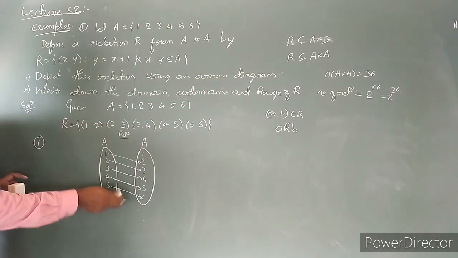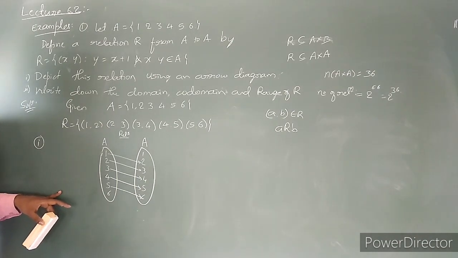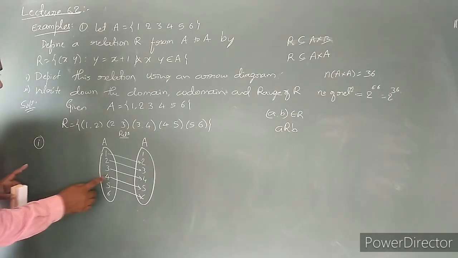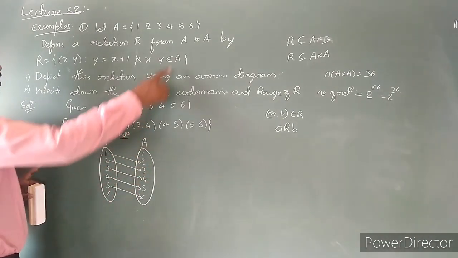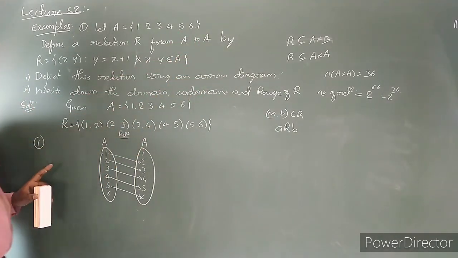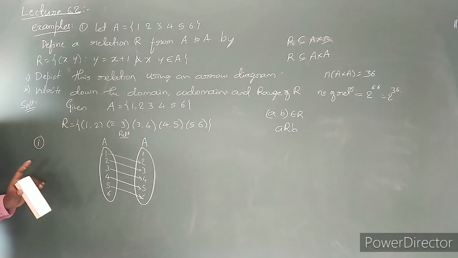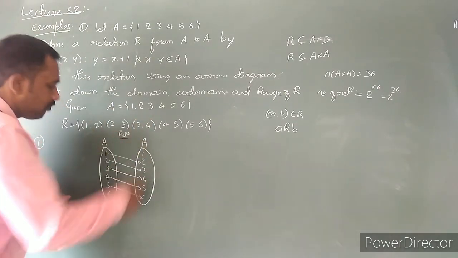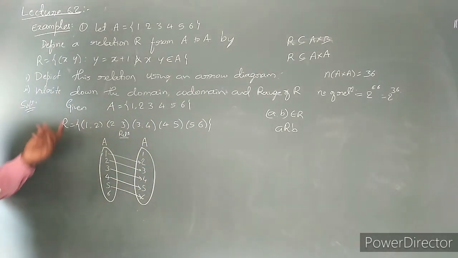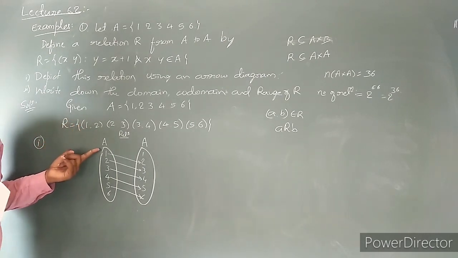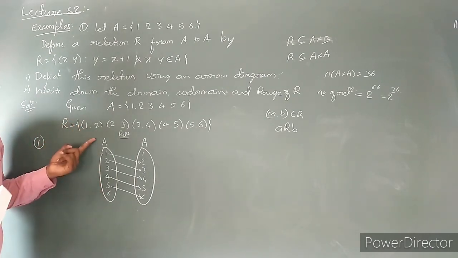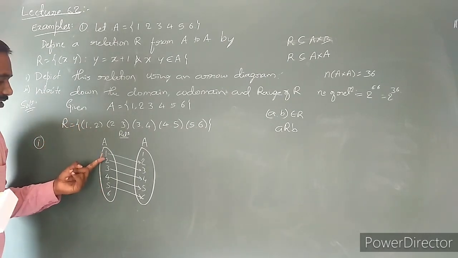The relation to arrow diagram step is finished. This is set A, this is set B, and in place of set B we again have set A. This is the relation called an arrow diagram. With the help of this arrow diagram, we can easily find the domain. What is the domain? Don't write all the elements. First, which elements are related?